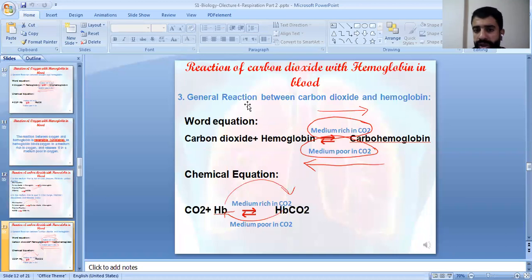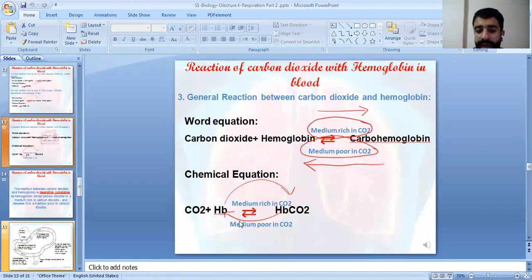The overall or general equation: carbon dioxide plus hemoglobin in a medium rich in CO2 can give carbohemoglobin, while carbohemoglobin in a medium poor in CO2 can give carbon dioxide plus hemoglobin. So the chemical equation is CO2 plus Hb can give HbCO2 in the medium rich in CO2, while it dissociates into CO2 plus Hb in the medium poor in CO2.